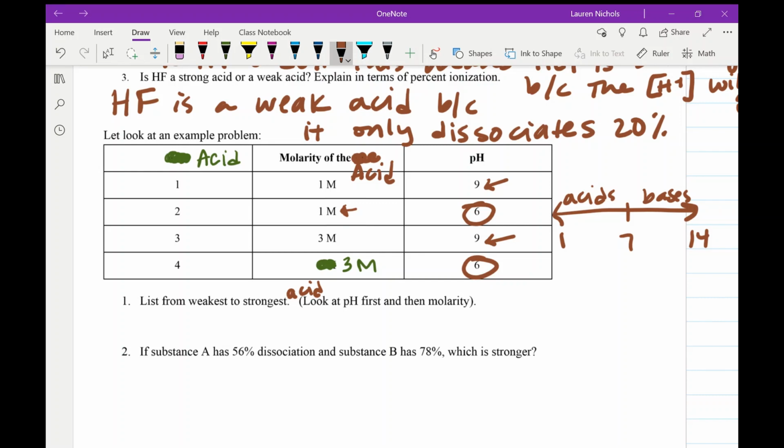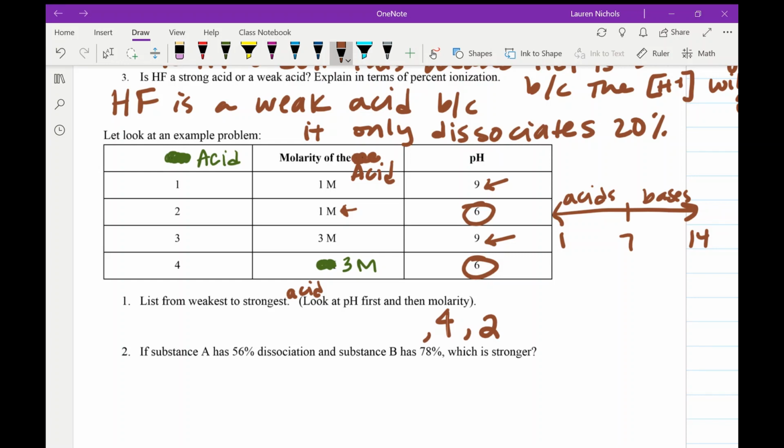So solution acid number 2 needs fewer moles to get the same pH or the same hydronium ion concentration, which means that acid number 2 is actually going to be our strongest, and acid number 4 is going to be the next strongest because it needs 3 times the amount in order to have the same effect.